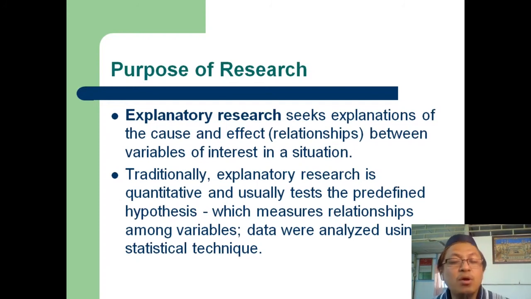The concern will be looking into association or relationship, meaning what will happen to one variable when another variable changes in terms of its value. Later on we will discuss what we call independent variables and dependent variables. What will happen to the dependent variable when there is a change of value in the independent variable?